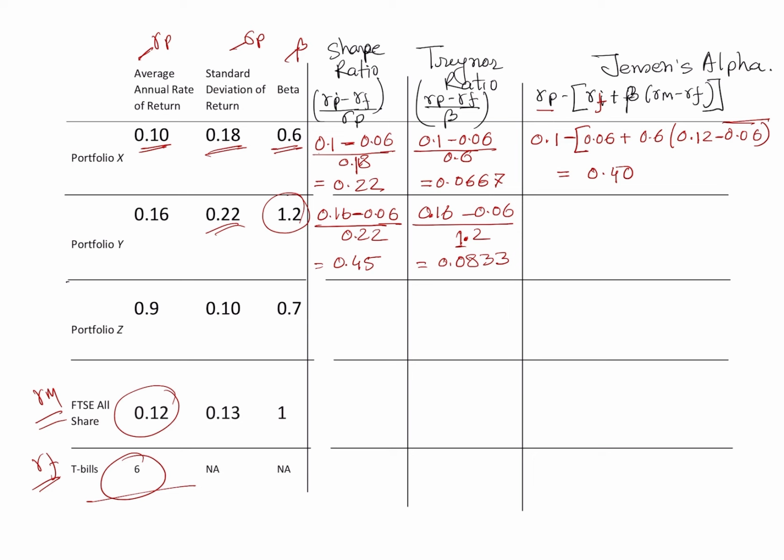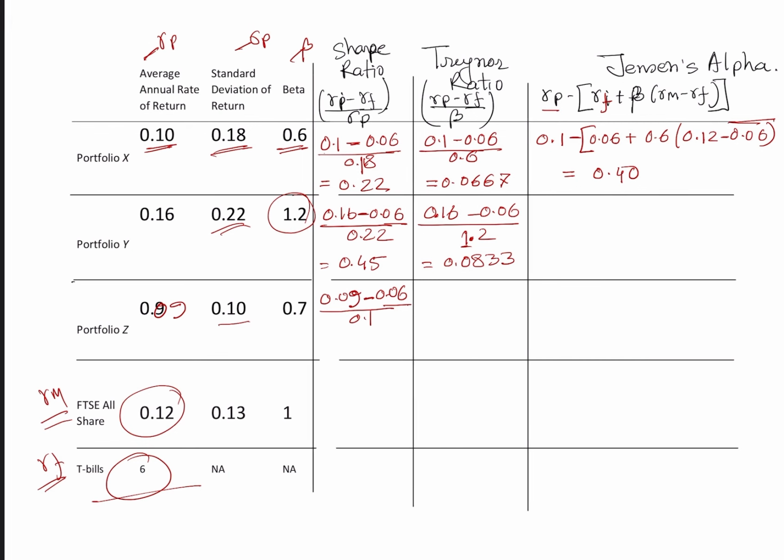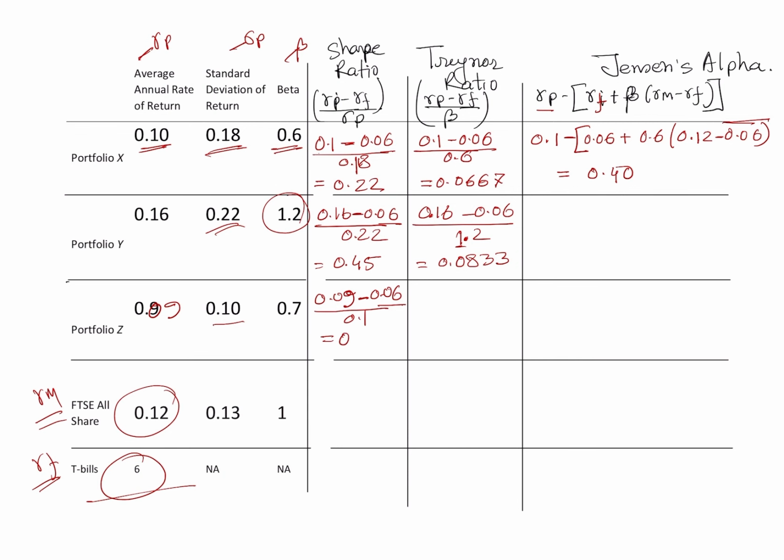And let's look into this portfolio Z. We got 0.09. So my bad, 0.09 minus 0.06 divided by 0.1. And this one will give you 0.30.